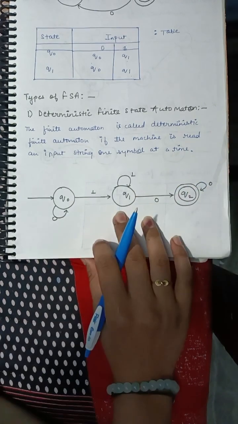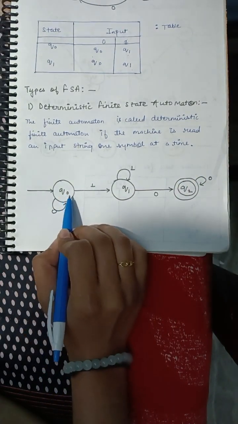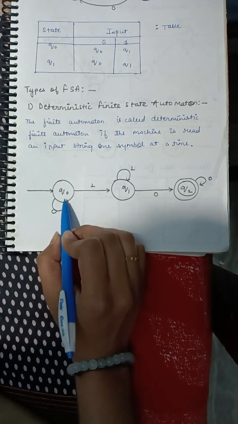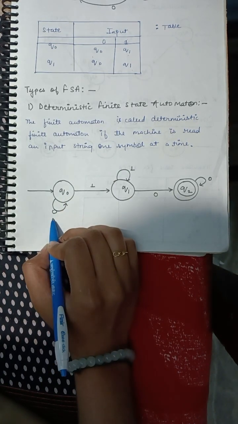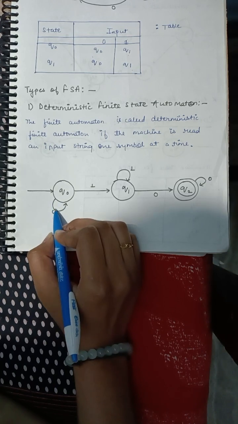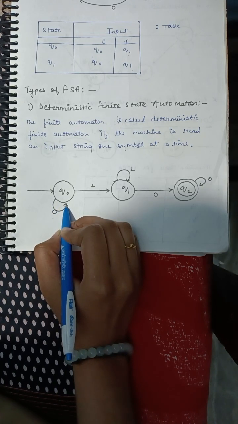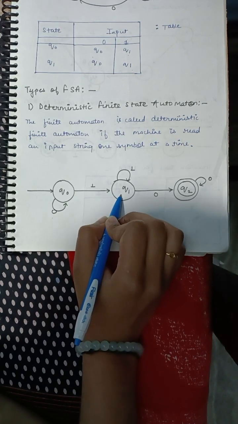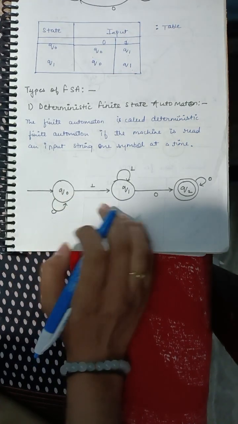Suppose these are the states Q0, Q1, Q2. At the 0 input the value is Q0 itself, and at 1 the value is Q1, nothing else for Q0.